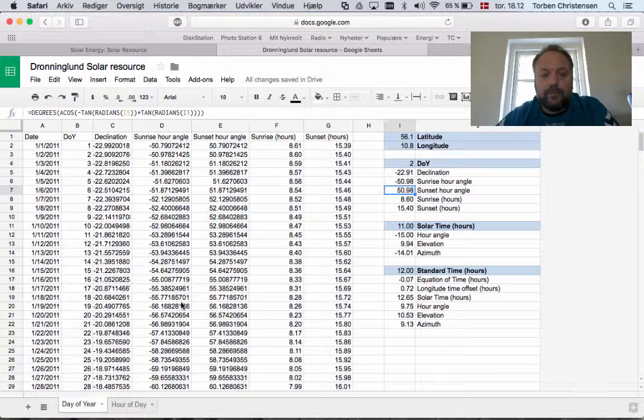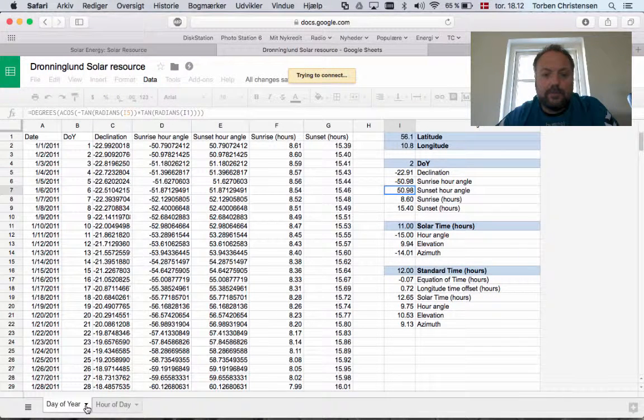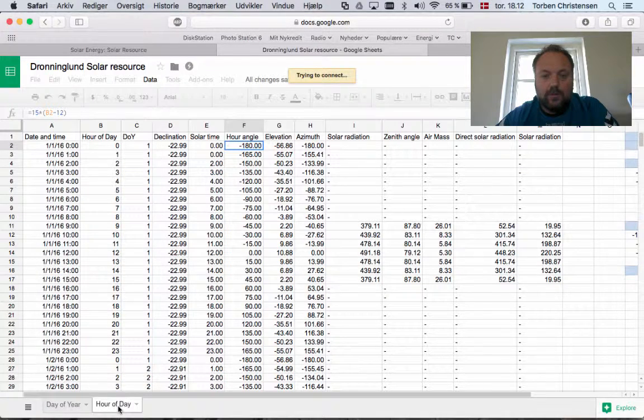this first spreadsheet is making calculations for each day. Basically I would rather like to make calculation each hour of a day all over the year.